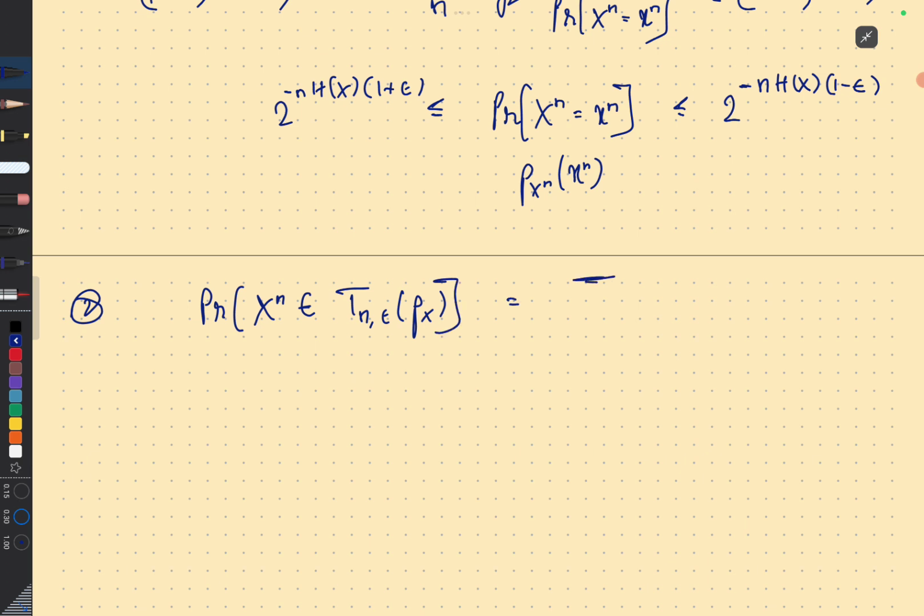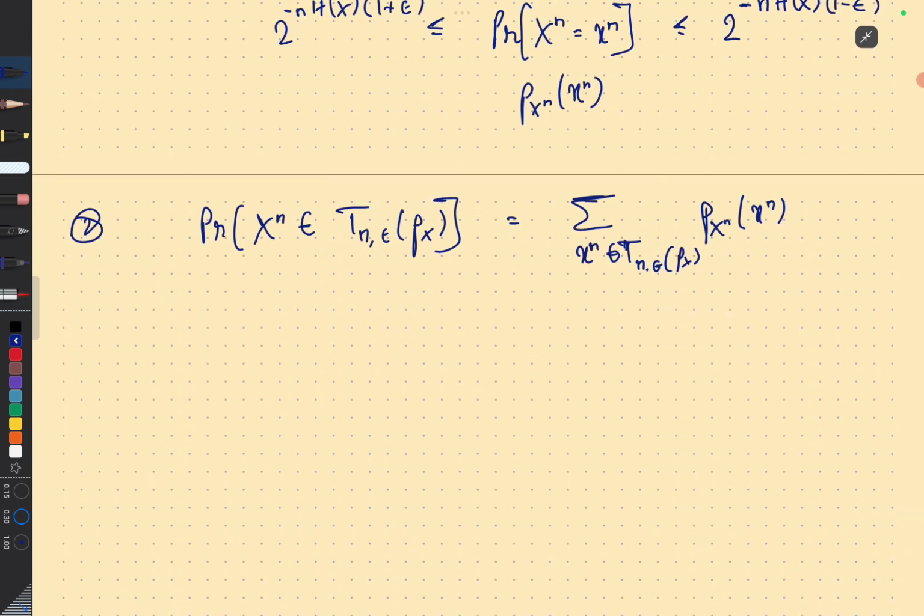This quantity is nothing but summation over all possible xn in the typical set of the probability of occurrence of that particular sequence.